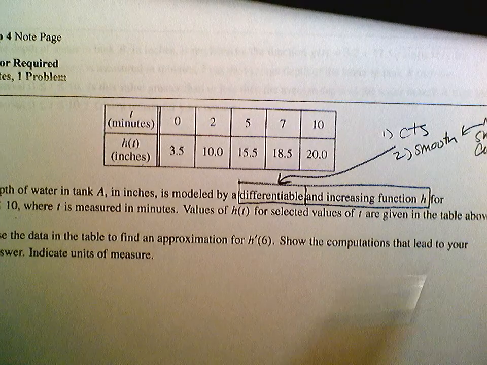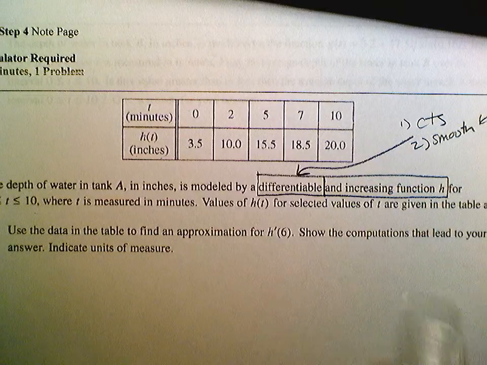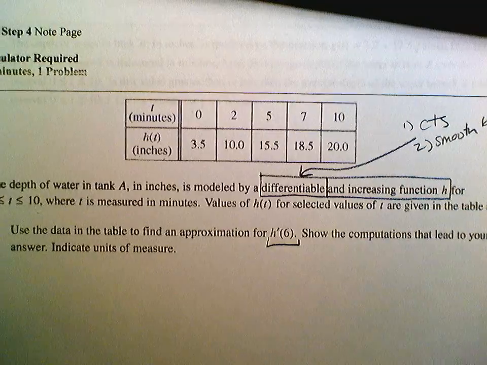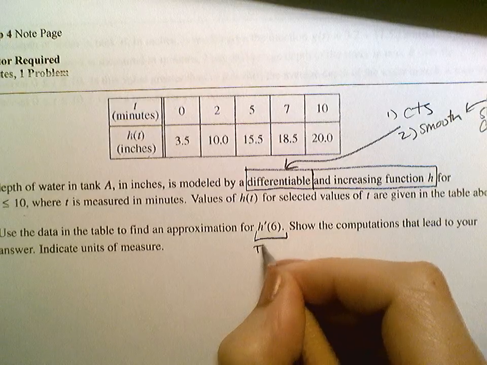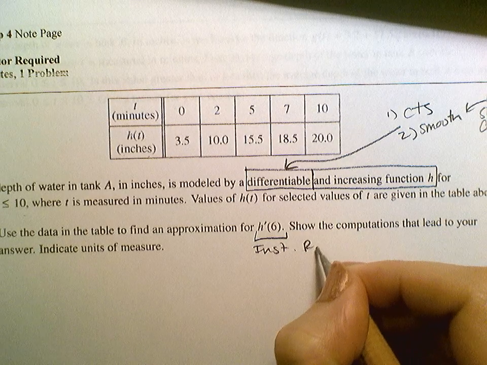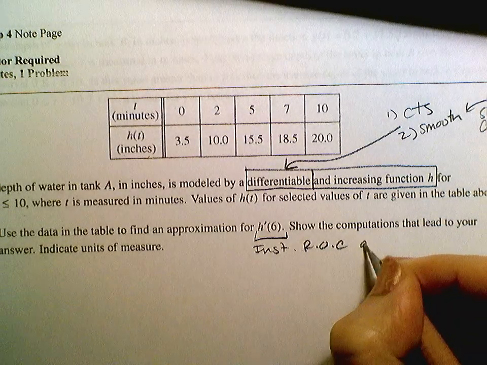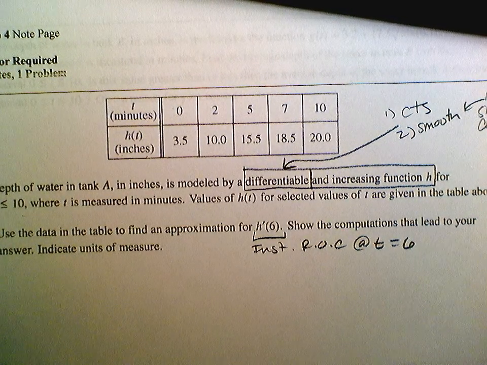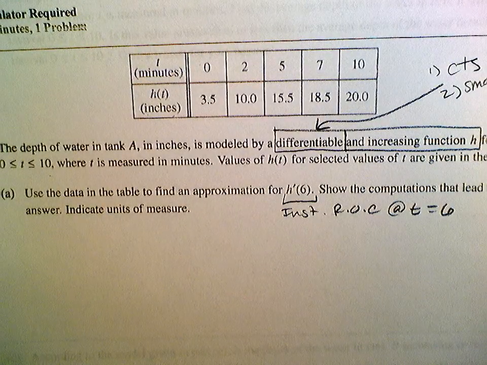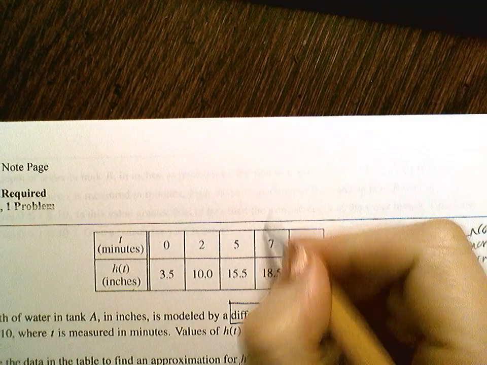Okay, so use the data in the table to find an approximation for this. Show the computations that lead to your answer, indicate units of measure. So this is the derivative at 6. In other words, this is the instantaneous rate of change at t equals 6. And I have to talk more about approximating a derivative from a table, but basically it goes something like this.